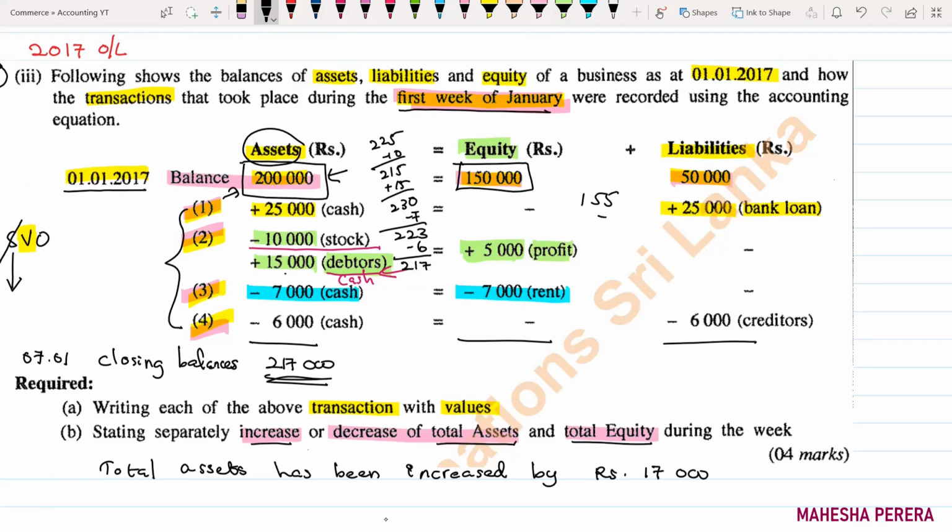Then minus 7 means you need to decrease it now. How much? It's 148,000. Right? The closing balance of equity is 148,000 rupees. So what has happened to equity? It has been decreased, right?